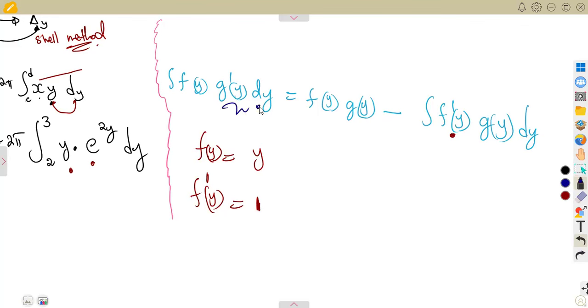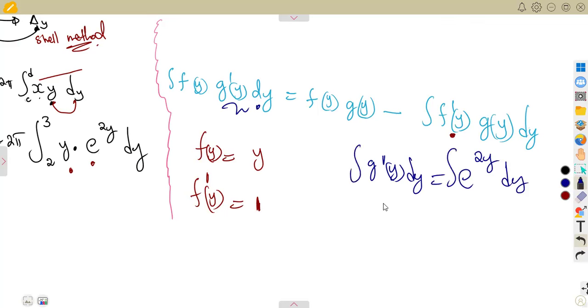The g prime y is the one that is remaining, which is g prime y dy, the remaining part of our integral, which is e to the exponent of 2y with respect to y. Integrating both sides gives us g of y, which is the integral of e to the exponent of 2y. Remember, it's e to the exponent of that same function over the derivative of this.